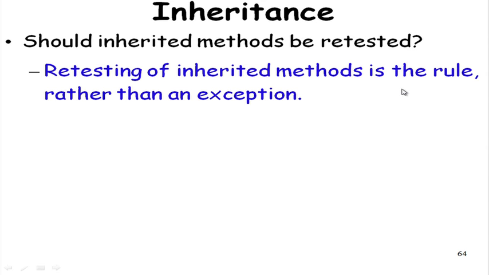We do not have to write all that code, it has been tested and written, and we just add a few methods or class variables. But then the question here is that once we have a derived class and it inherits many of the methods from the ancestor classes, should the inherited methods be tested in the derived class?